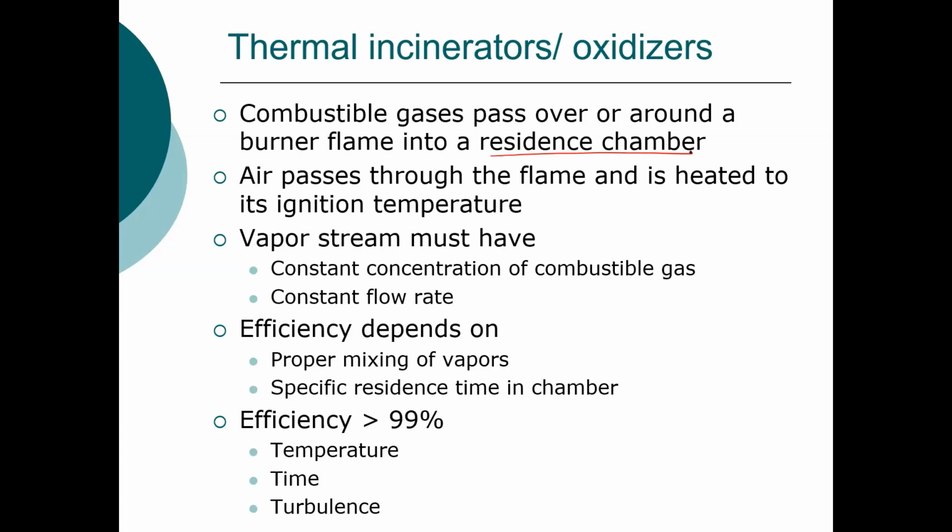The air passes through a flame and is heated to its ignition temperature, where the rate of combustion is greater than the rate of heat loss. In order for these to be effective, the vapor stream must have a constant concentration of combustible gas and a constant flow rate. The efficiencies are higher with these, so you can achieve greater than 99%.